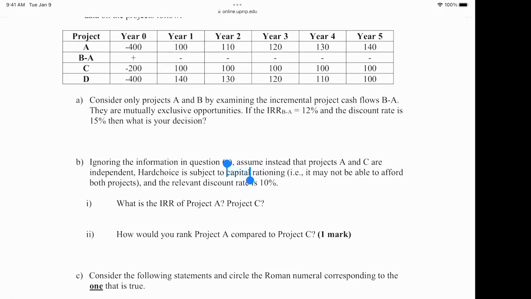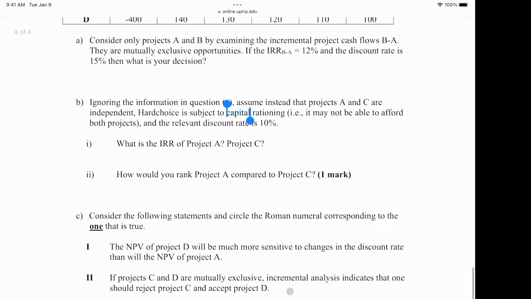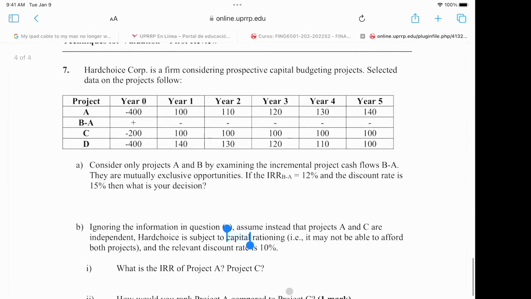Can they cross? So A and D. So A, they can cross because look at how the cash flows are. A is low to high, and D is high to low.